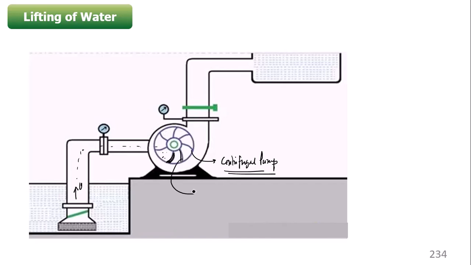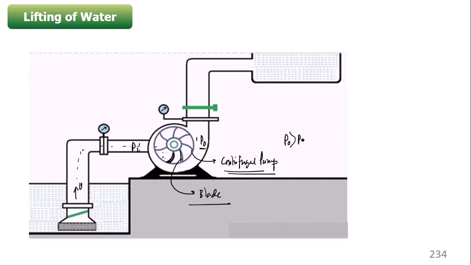Once the water goes inside, the blades will work on the water to pressurize it. Let us say PO is the outlet pressure and PI is the inlet pressure. In this situation, PO should be more than PI.